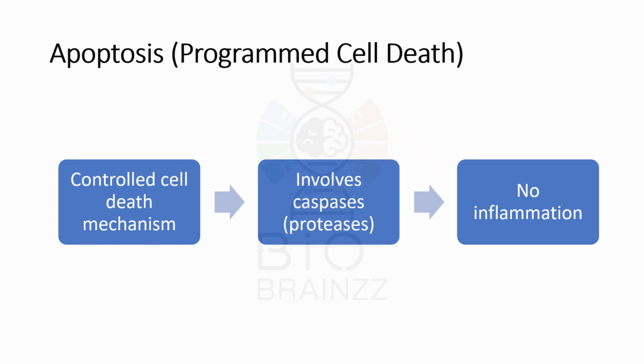This process involves enzymes called caspases which break down cellular components in a systematic way. One key feature of apoptosis is that it does not cause inflammation because the cell contents are neatly packed and removed. This is important for maintaining tissue health and preventing diseases.